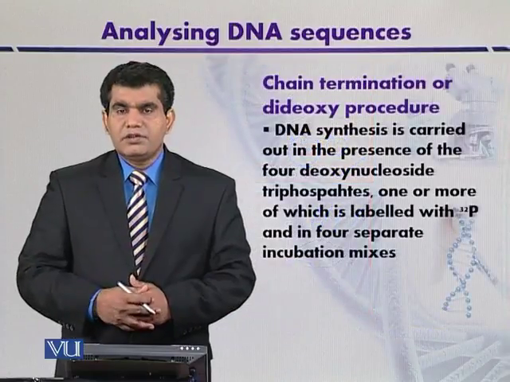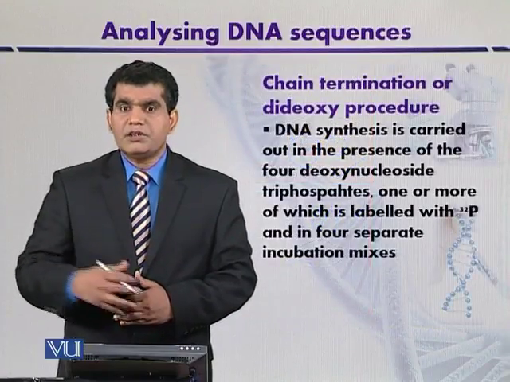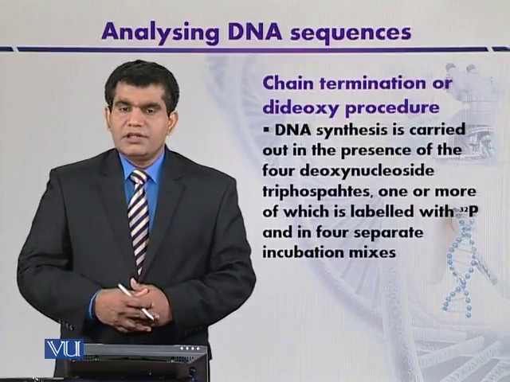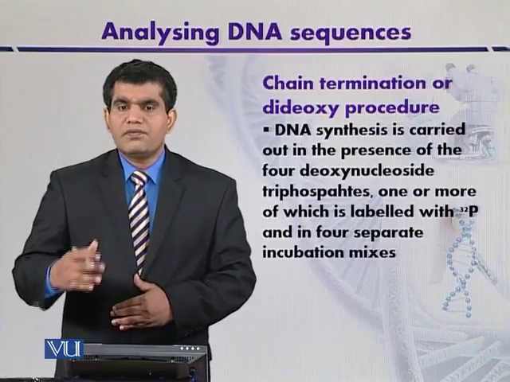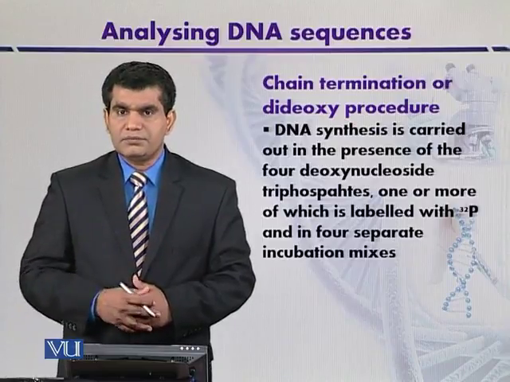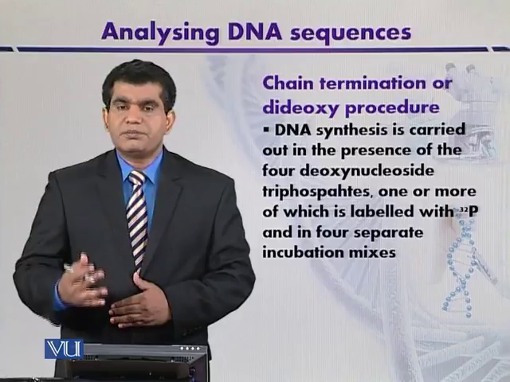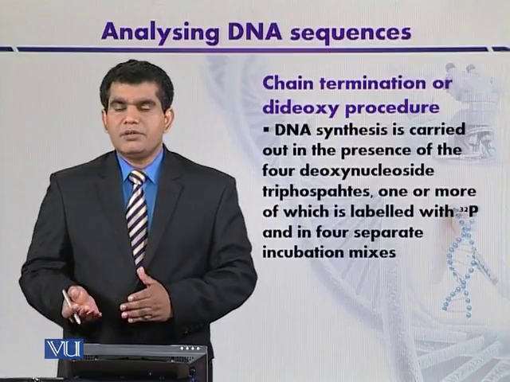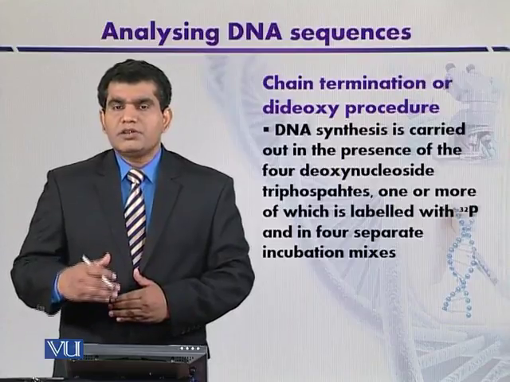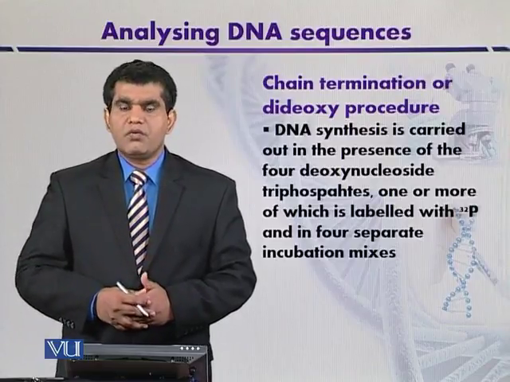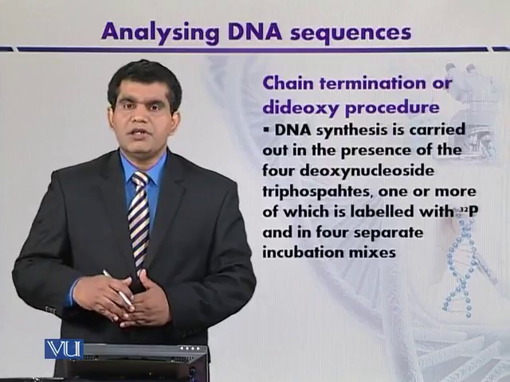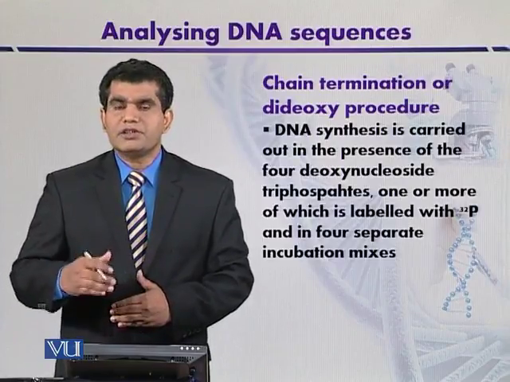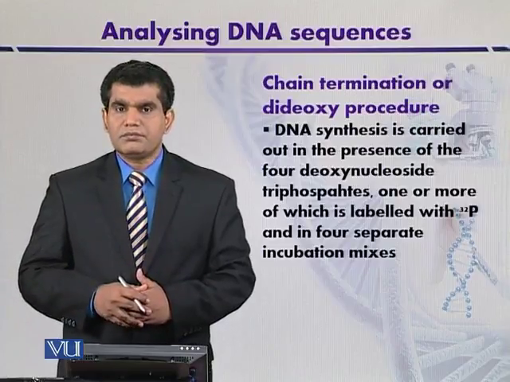In the dideoxy procedure or chain termination method, the DNA synthesis is carried out in 4 different reaction mixtures that contain the respective modified nucleotide base, like dideoxynucleoside triphosphate for guanine or adenine, thymine or cytosine. So 4 different reaction mixtures are used.